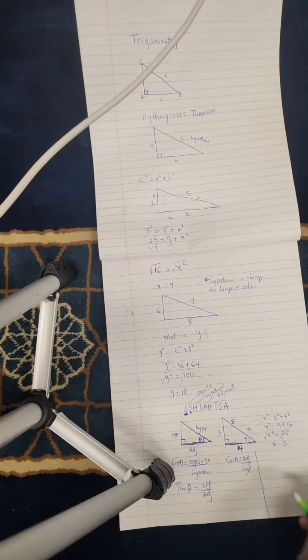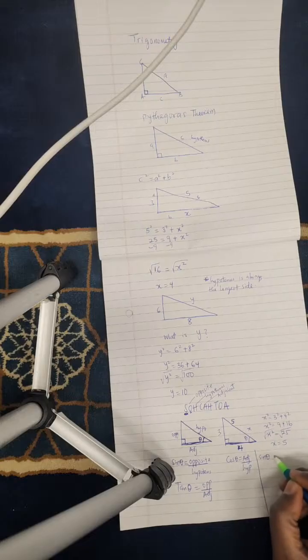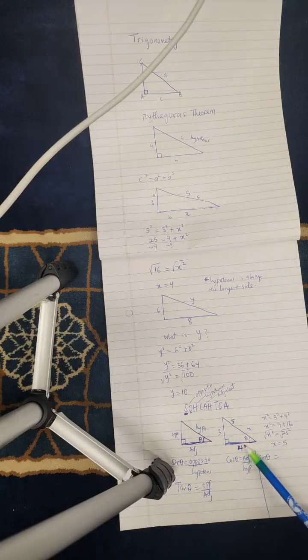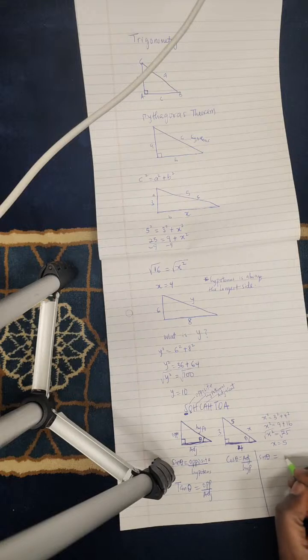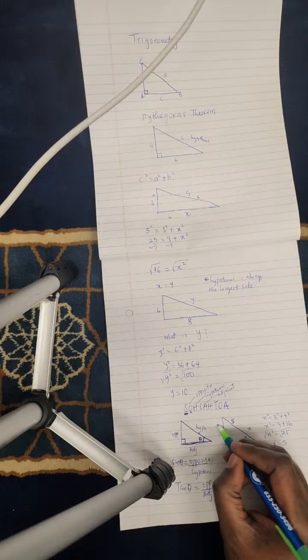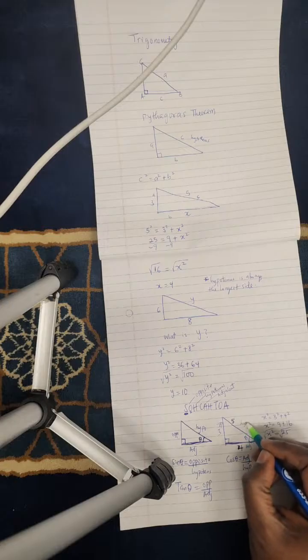So from here, your sine theta. We want to apply this SOHCAHTOA in this case. Here, this is going to be my opposite. This is going to be my adjacent. And this is going to be my hypotenuse.